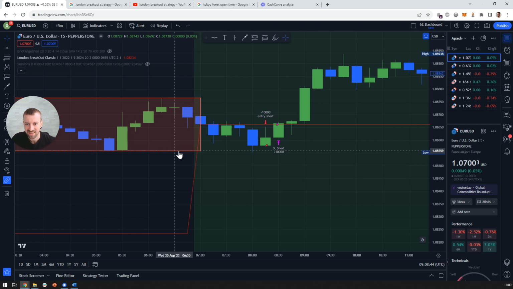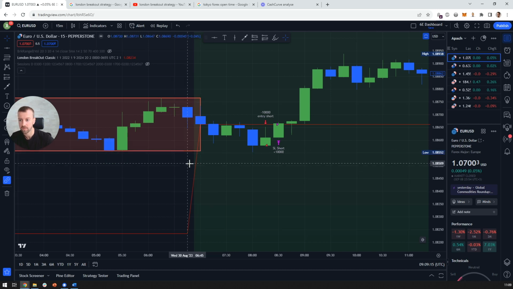As you can see, this is our Tokyo range, and the low of this candle crosses the low of the Tokyo range, which is why we enter a short trade with the opening of this candle. So it works, and we could also modify it so that we say, for example, the low needs to cross the low of the Tokyo session plus X amount of pips.